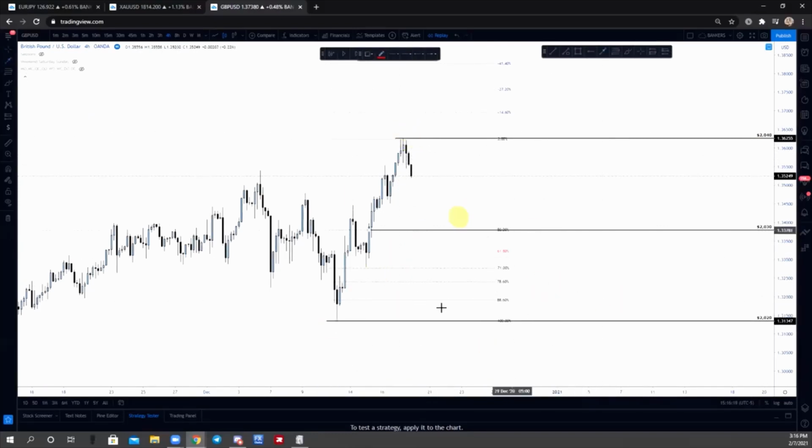So what I mean by that is our kill zone is identified from the 618 to the 886. I primarily like to focus on the 71 to the 78.6, primarily down to the 886.